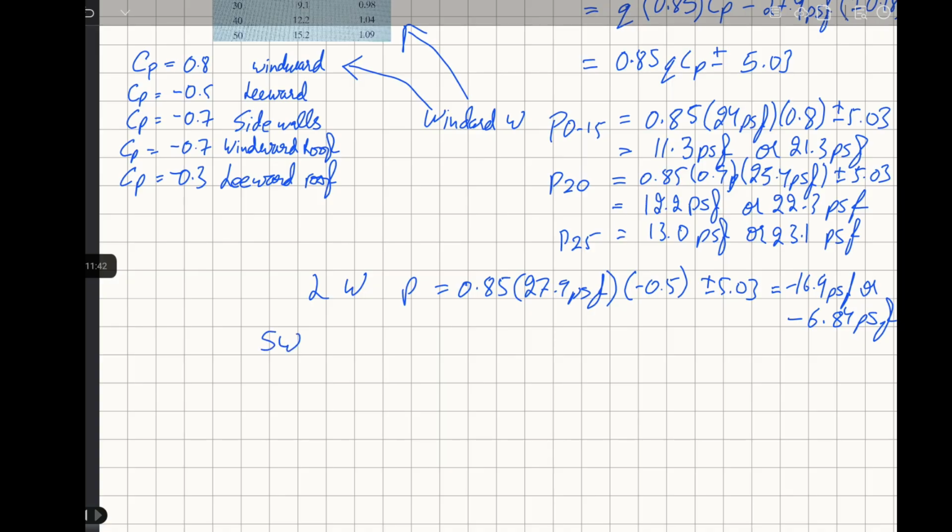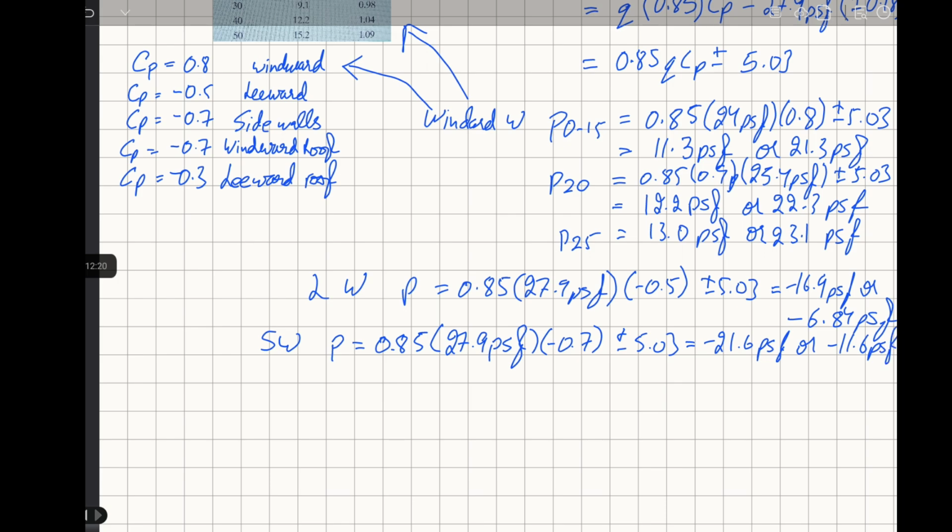Now our side wall is similar to what we did for the leeward wall. So it'll be 0.85 times our velocity pressure, 27.9 pounds per square foot, times our external pressure coefficient, which is negative 0.7, plus or minus 5.03, which is equal to negative 21.6 pounds per square foot, or negative 11.6 pounds per square foot.